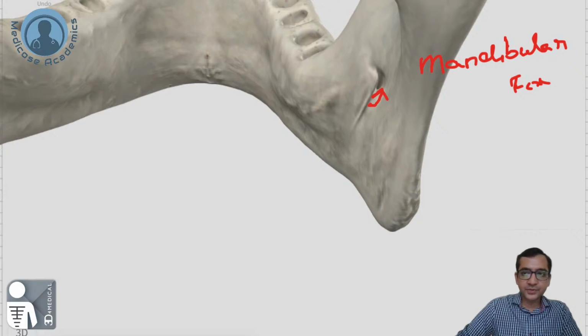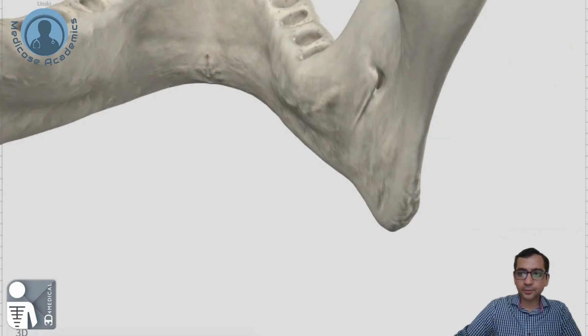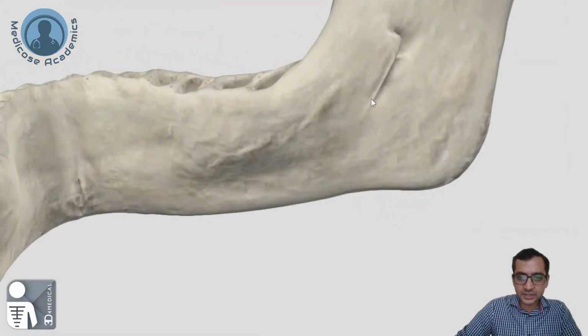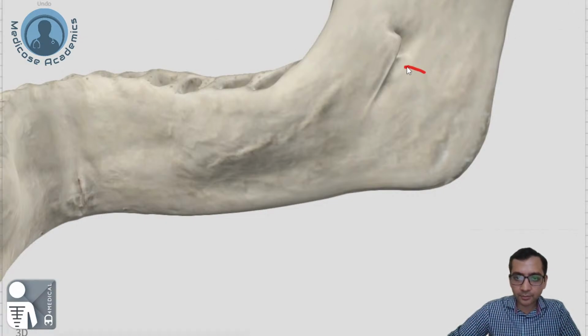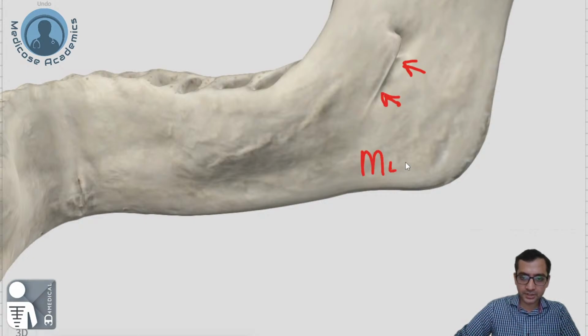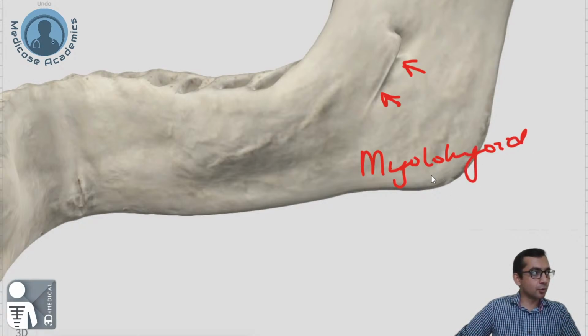And just beneath the mandibular foramen, you will be able to see this groove. You will have to remember the name, mylohyoid. In today's lecture, inshallah, you will read about the mylohyoid muscle. This is the groove for the nerve that goes to supply the mylohyoid muscle, known as the mylohyoid groove.